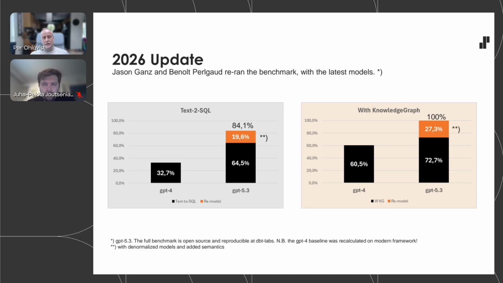And the colored sections on top are the result when they added some more tables and more modeling. It's a matter of denormalization and additional semantics. In those cases, you were actually getting 100% accuracy.